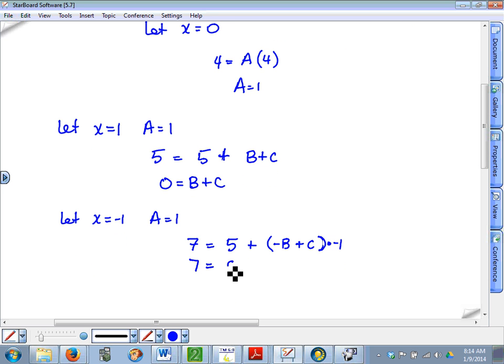So 7 equals 5 plus something. What happens to that negative 1 there by the parenthesis? It changes it to a plus B, but minus C. So 2 is equal to B minus C.